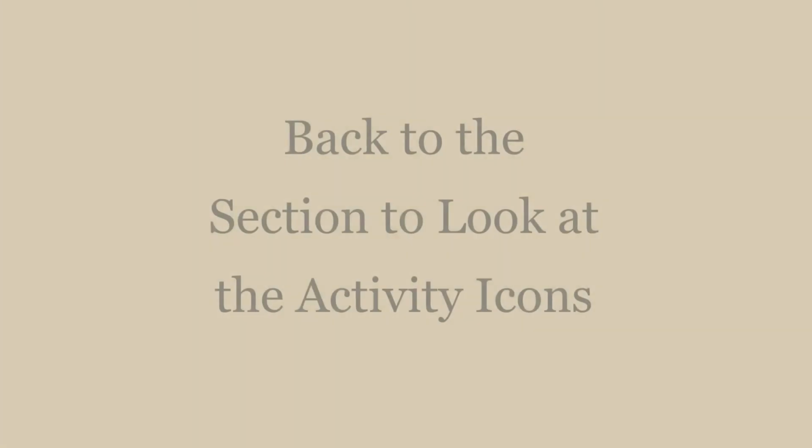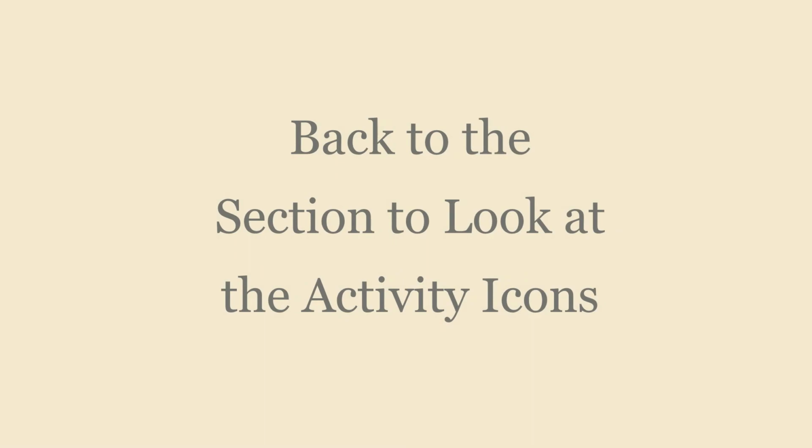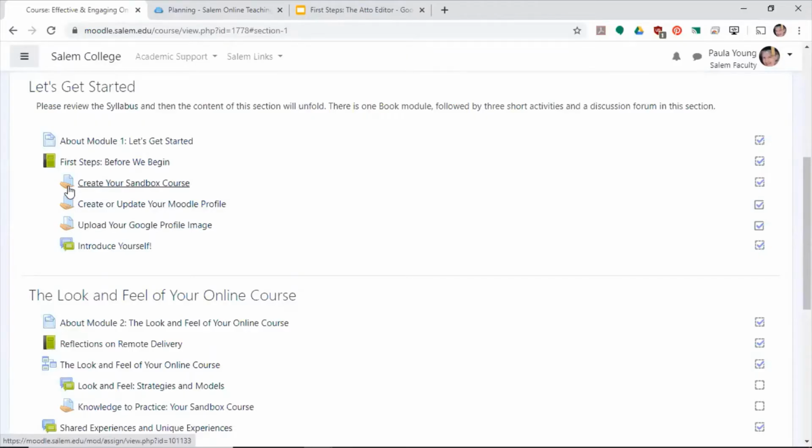So let's look at some of these icons. These icons indicate an activity. It's something you need to do. Either type in some text, upload a file, perhaps both, or perhaps neither, because it could be a placeholder for a grade, for an offline activity.